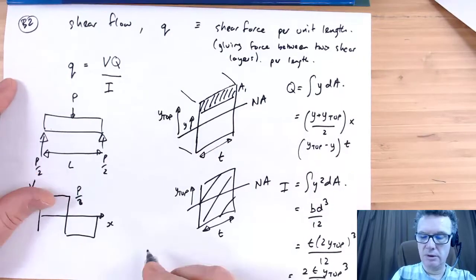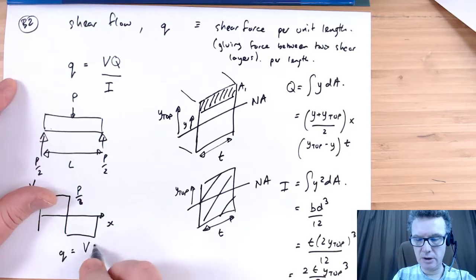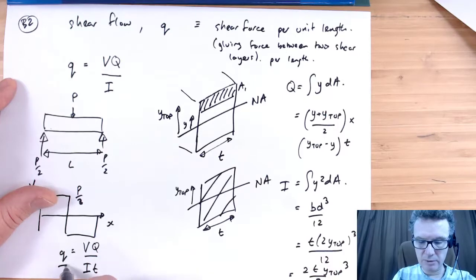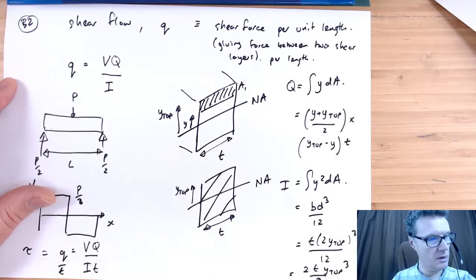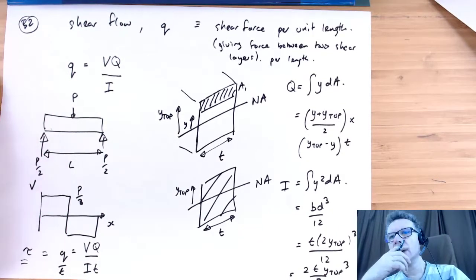So if you take your VQ over I, and divide it by, in our case, this thickness here, that will then become the shear stress. Okay, so then that will be actually something useful.